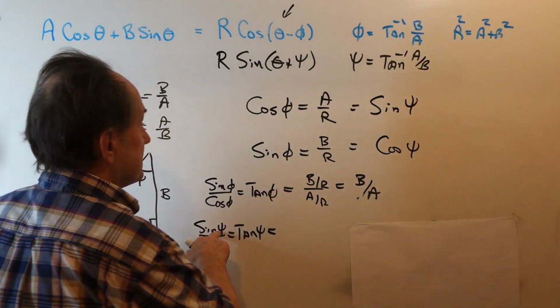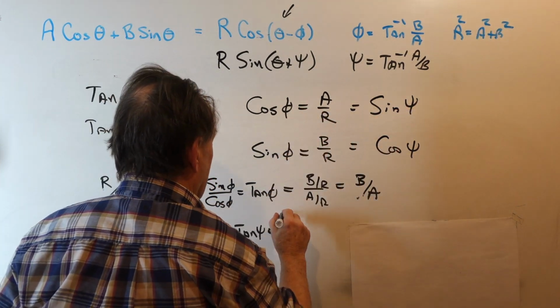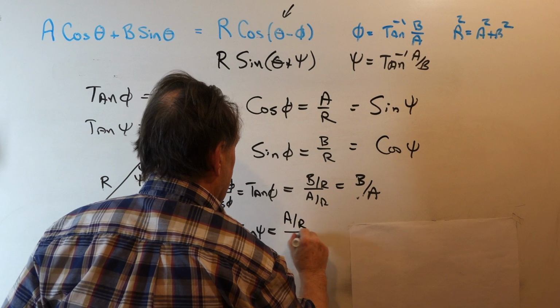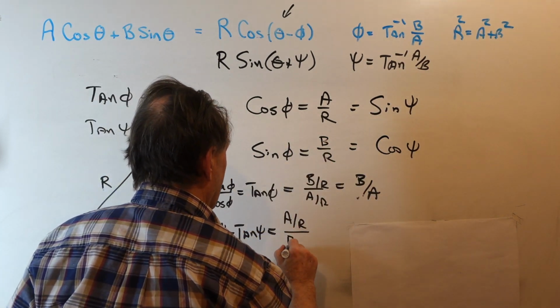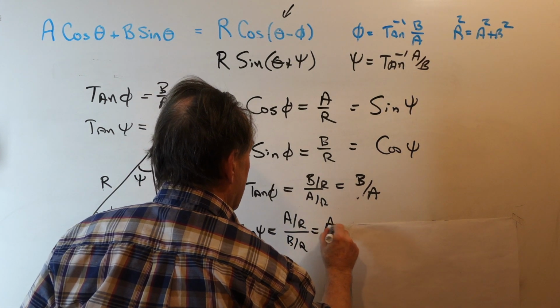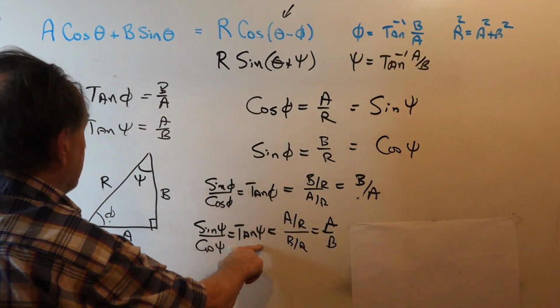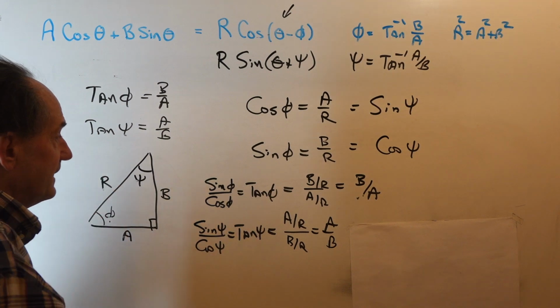Well, the sine of psi is A over R divided by the cosine of psi, which is B over R. So this is A over B, and this is the tangent of psi, A over B.